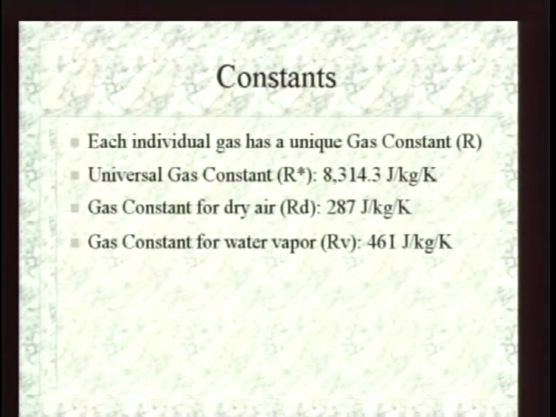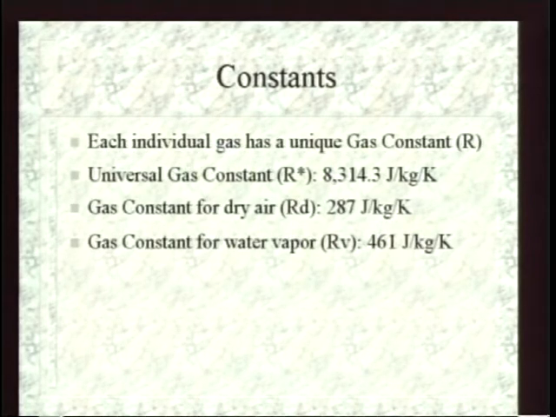Now, there's different values of R that you'll run across depending on what type of gas that you're dealing with and different assumptions about that gas. The universal gas constant is R star, and that value is 8,314.3 joules per kilogram per Kelvin.